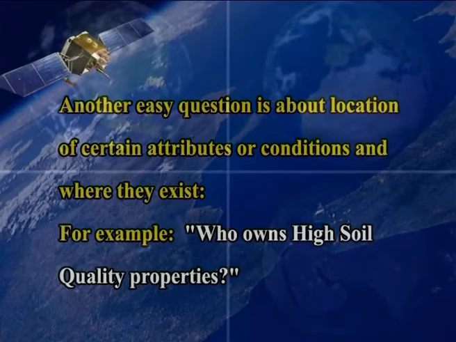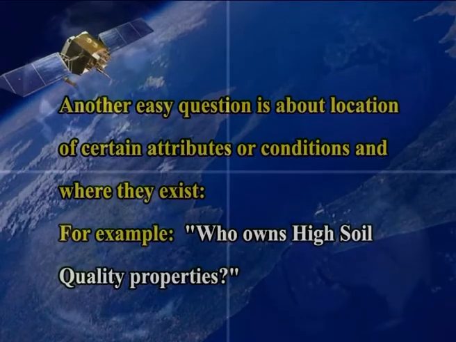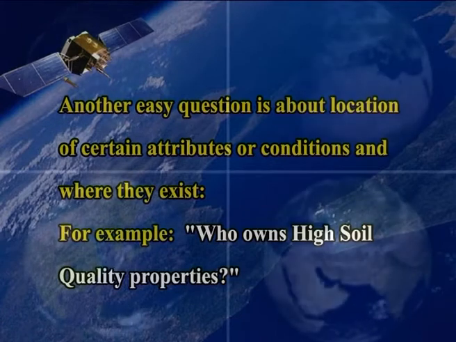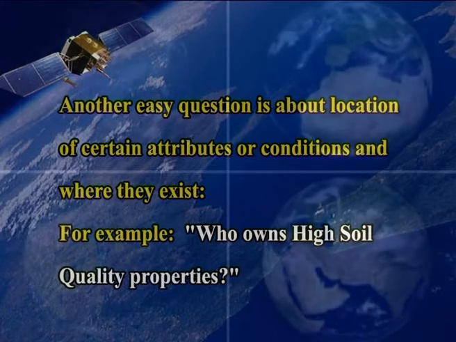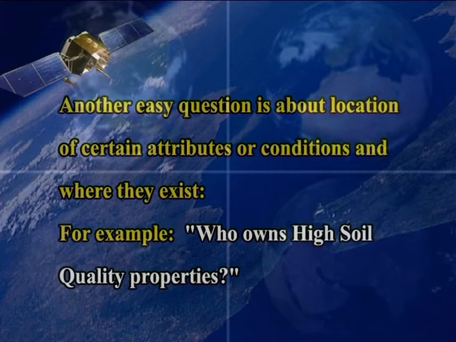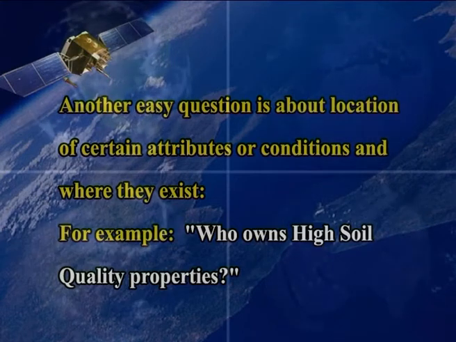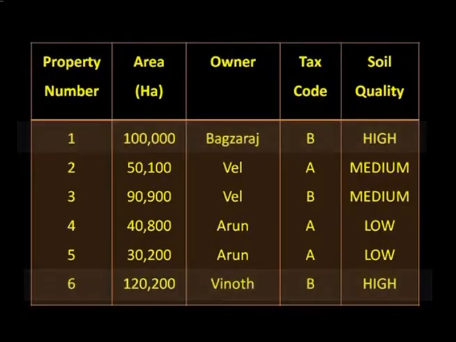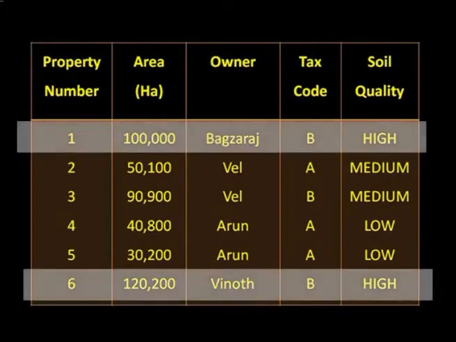Another easy question is about the location of certain attributes or conditions and where they exist. For example, who owns high soil quality properties? The procedure is to browse the soil quality field, that is column, and then match all highs with the owner field. Vinod and Raj are the only high soil quality property owners.